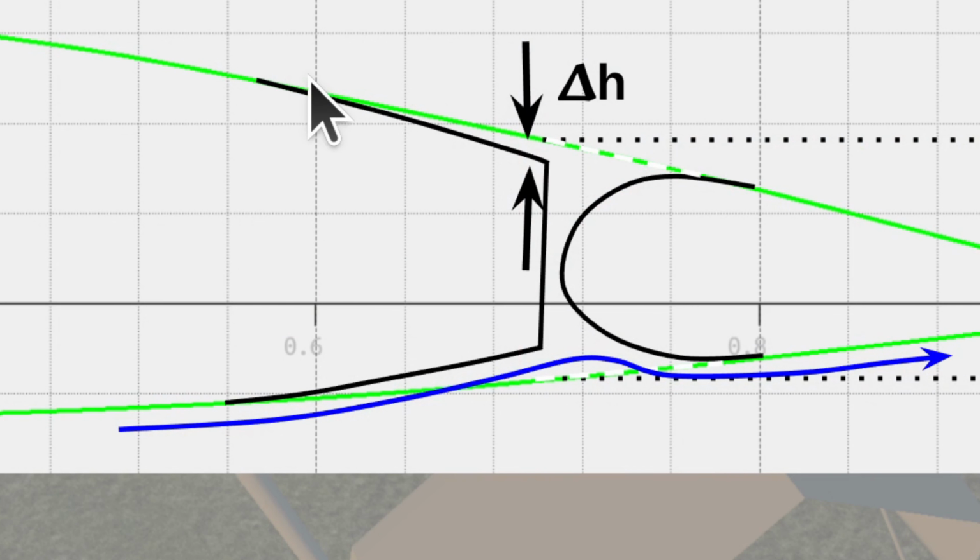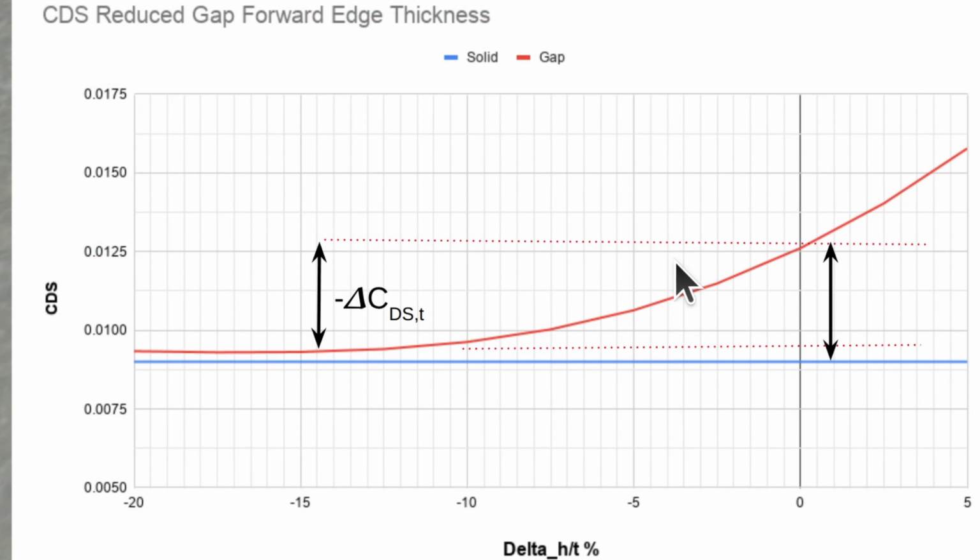So that is with this green line here. We still have the gap and the green line here, so there's been no change in thickness yet. That's what we've already calculated before in the last video when we were doing gap drags. So that would be right here at 0. This is our gap drag, so this is our section coefficient without a gap plus gap drag right in here.